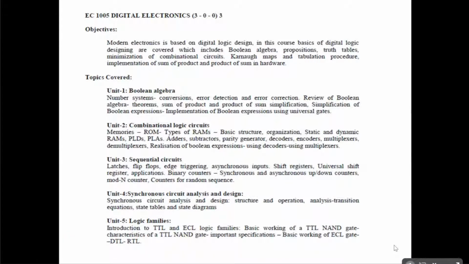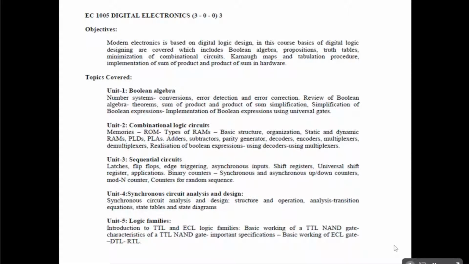So in this combinational circuit, the output 5 depends only on present input, that is 2 and 3. So this is combinational logic circuit. In this, we are going to discuss memories, random access memory, read-only memory, and basic circuits: adder, subtractor, encoder, decoder, multiplexer.